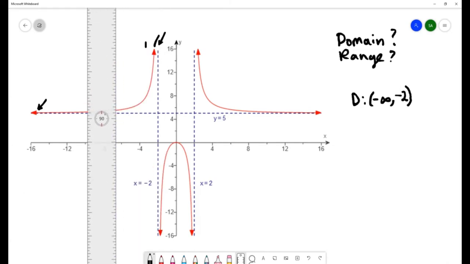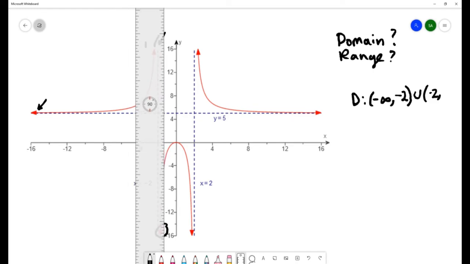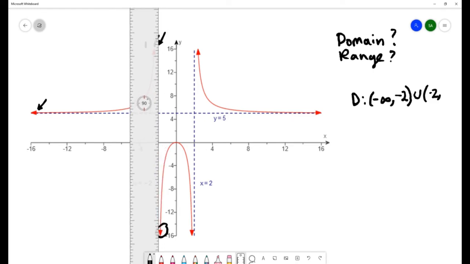Down here, we have this arrow that goes down and to the left. So we know all of the x's that are above -2 are included in the domain. So I need to start my interval notation again at -2. So -2 is not in the domain. However, all the numbers that are right above -2 are in the domain.